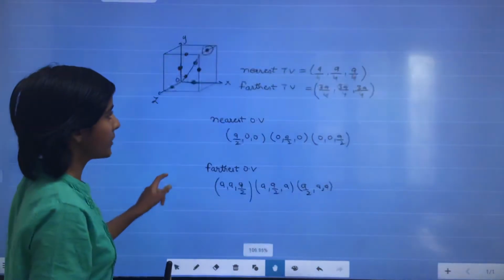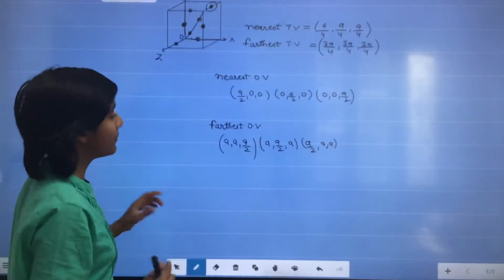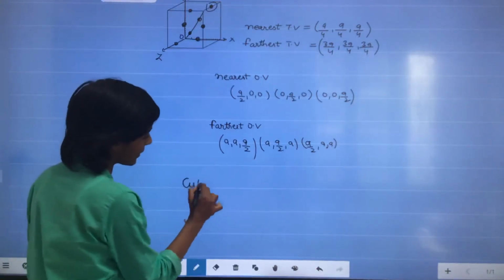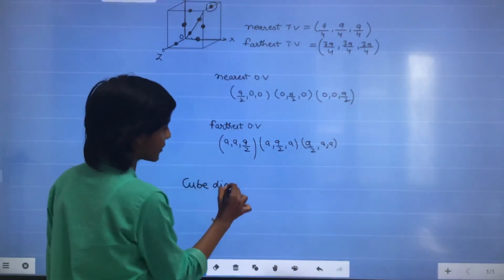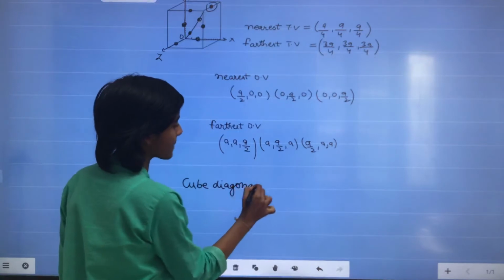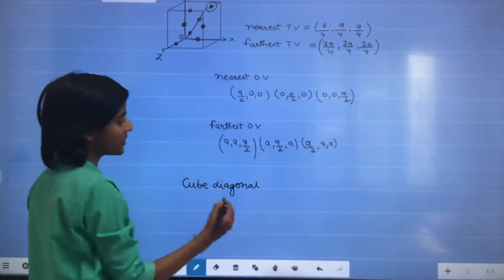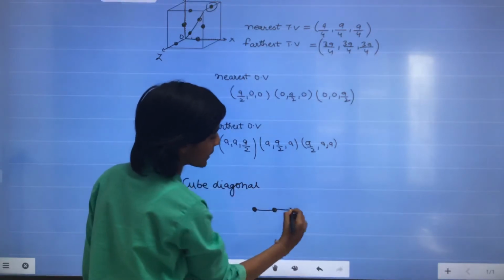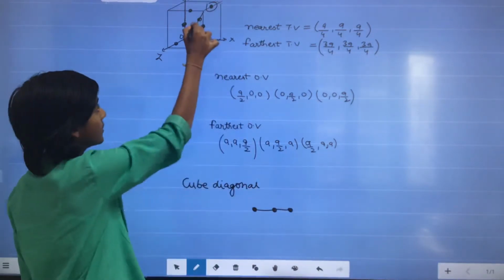Then we talk about the minimum distance between the TV and OV. For that, if we take a cube diagonal, on this cube diagonal first is atom, then TV, then at the center OV is present.